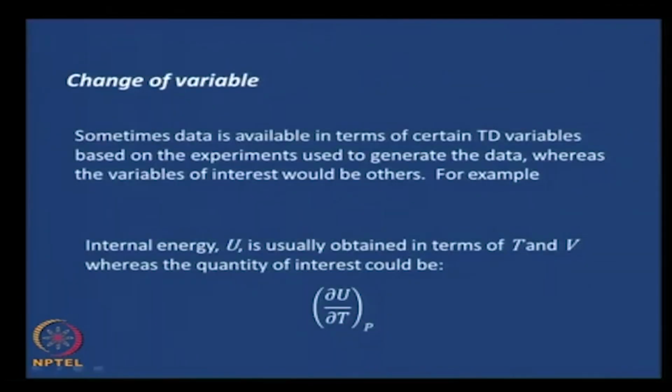The example that we started out with was internal energy. We said internal energy was usually obtained in terms of its variation with temperature at constant volume, whereas the quantity of interest could be internal energy variation with temperature at constant pressure. To look at that, let us begin with internal energy as a function of temperature and volume.